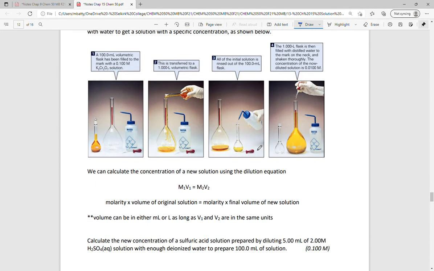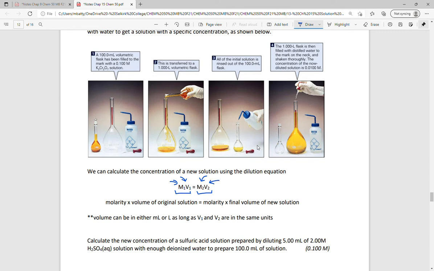And so the trick of it, like I say, is that the number of moles before is equal to the number of moles after. Here we have the initial concentration and the initial volume equaling the secondary concentration and the secondary volume.